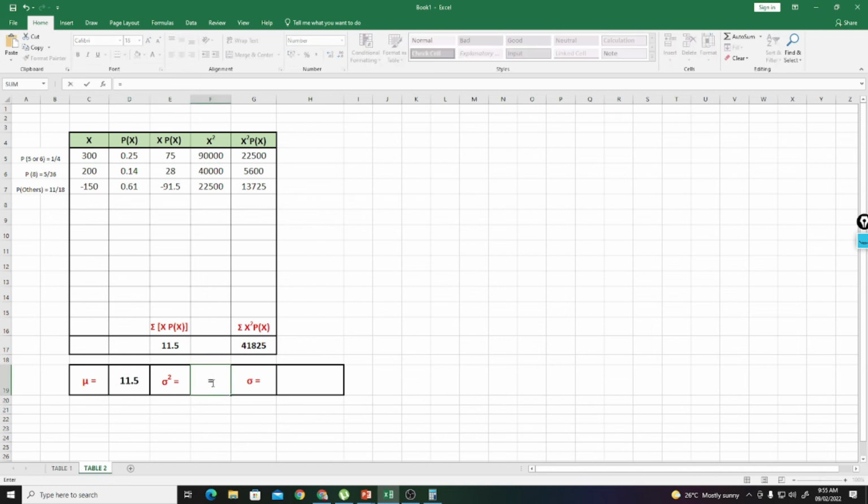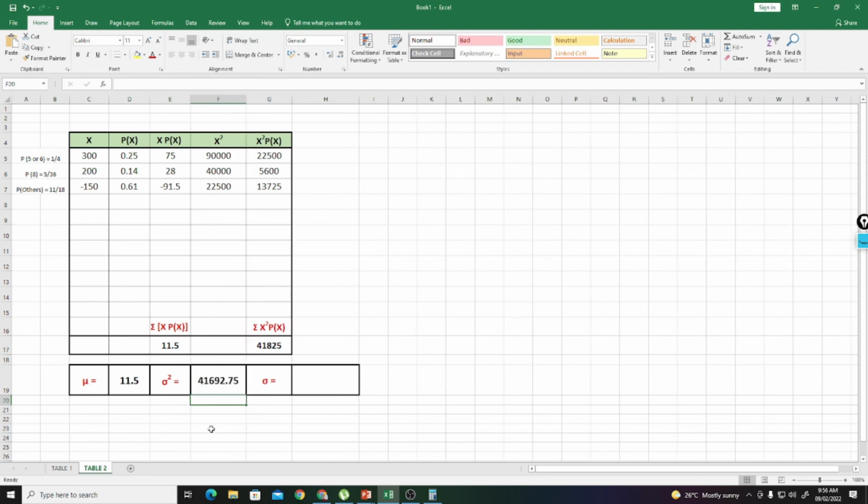So, equals yung ating summation na x squared minus px minus i-open pa rin. Okay, pwede namang wala ng parenthesis. Minus ito. Then, squared lang natin, shift 6, then 2. Okay, para ma-squared natin yung 11.5. So, this will be the value.